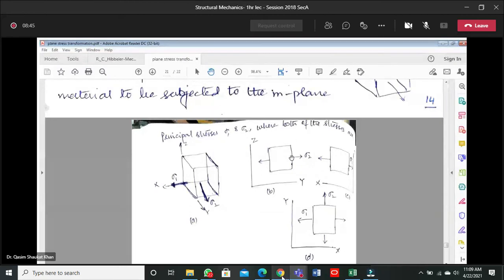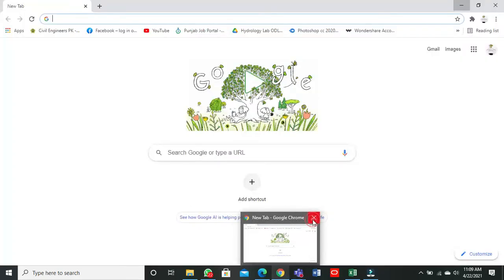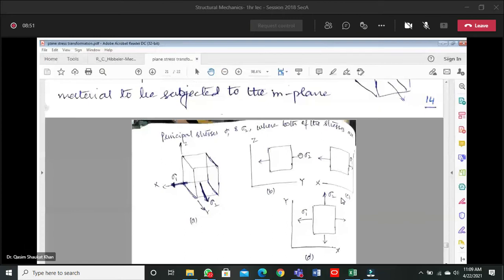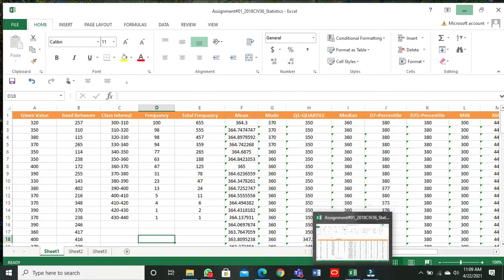Now, if I want to draw the xy plane, on the x-axis you have sigma 1, and sigma 2 is also tensile in nature.